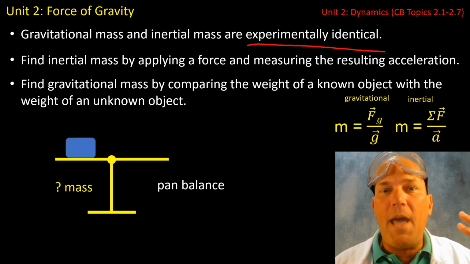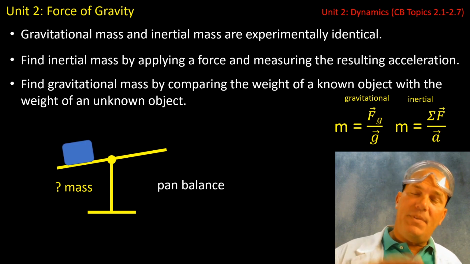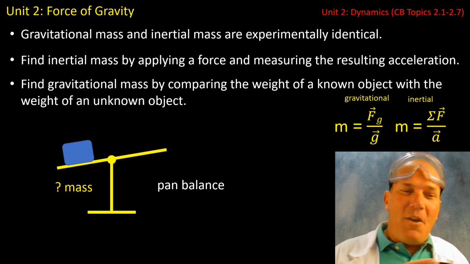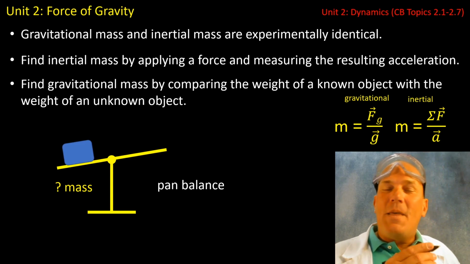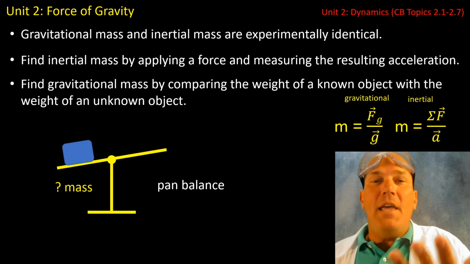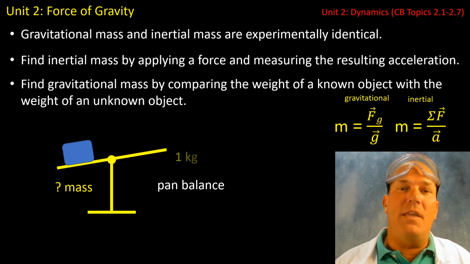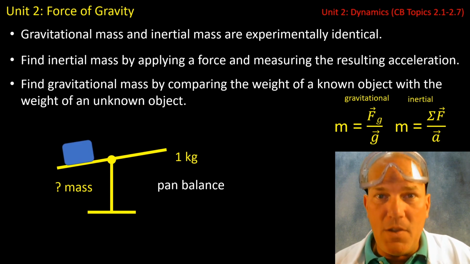Now, what's going to happen here is you're going to see the pan balance tip to one side. Now, in order to find the mass of this object, I will add masses to the right side of the pan balance. And these are masses that I know their value.